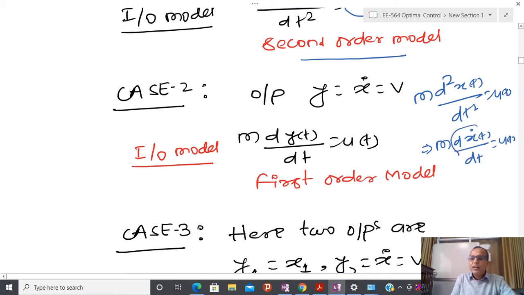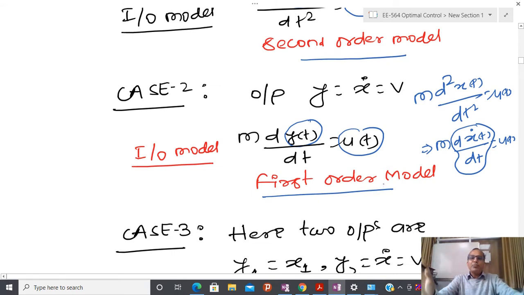So you substitute x dot in the equation, and if you are concerned only with the velocity, you can see that your second order model is changed into a first order model.